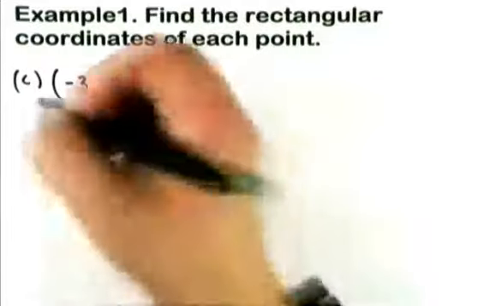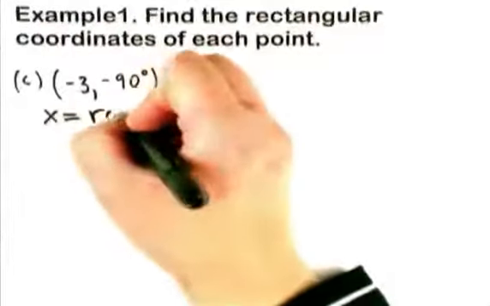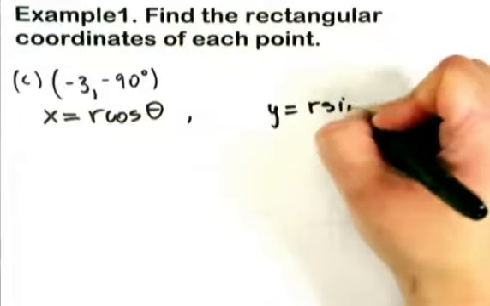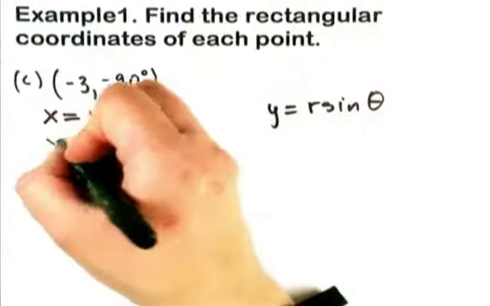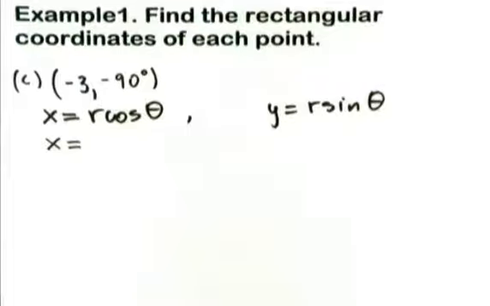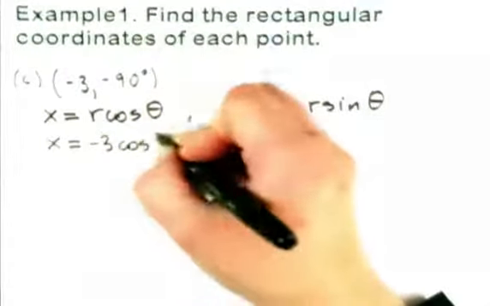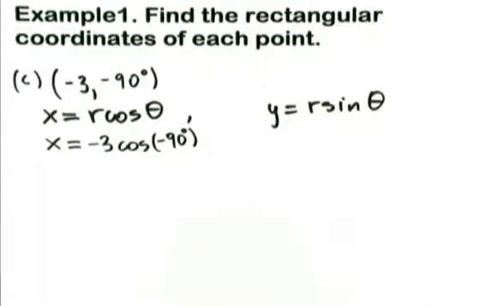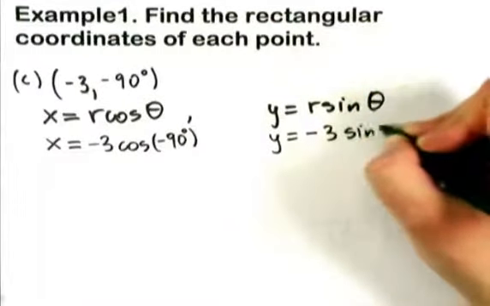So the same, we are using the same formula. x is equal to r cos theta and y is equal to r sin theta. r can be negative, that means the point is on the opposite side of the pole. So we have x equal to -3 times cos minus 90 degrees, and y is equal to -3 times sine minus 90 degrees.